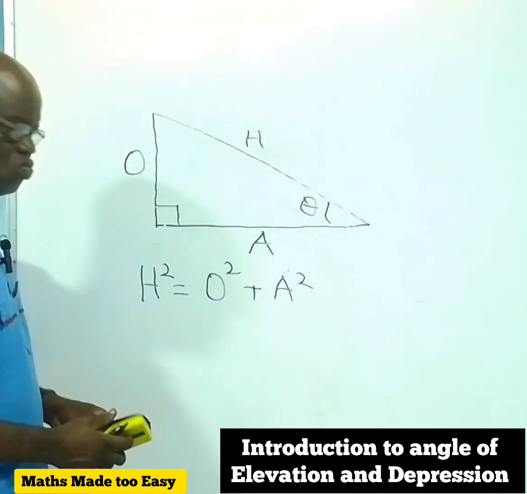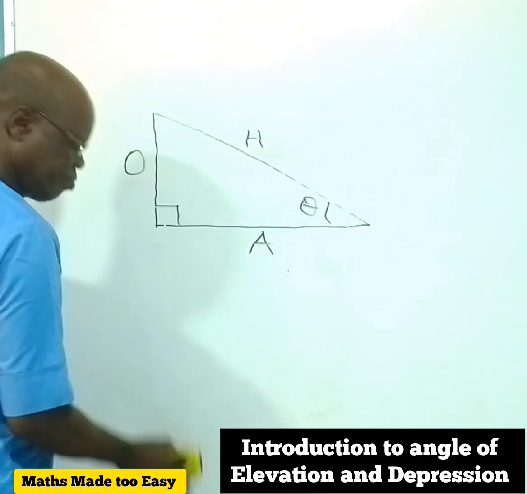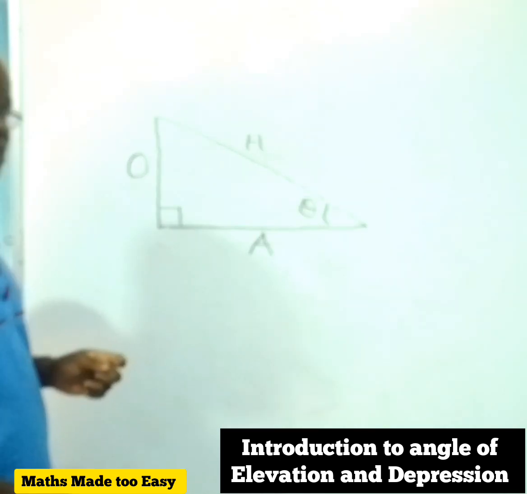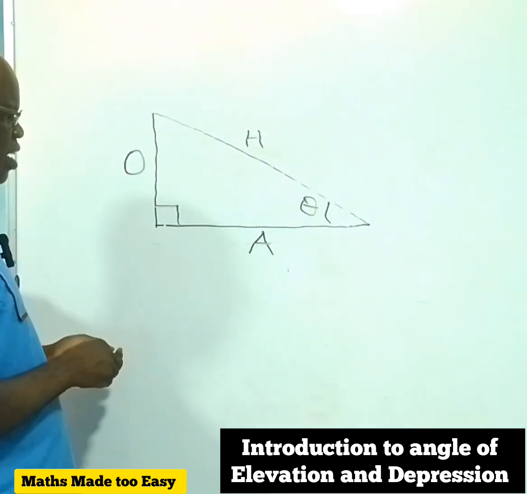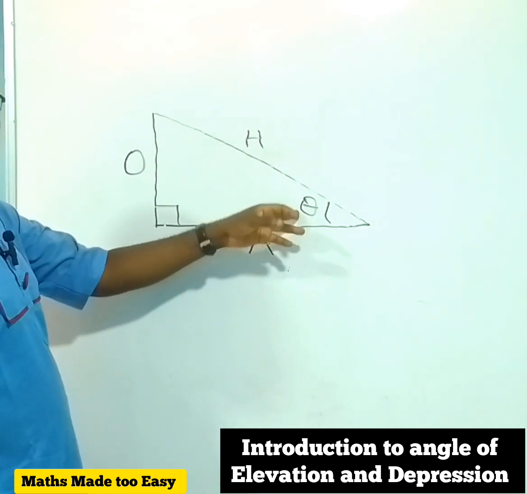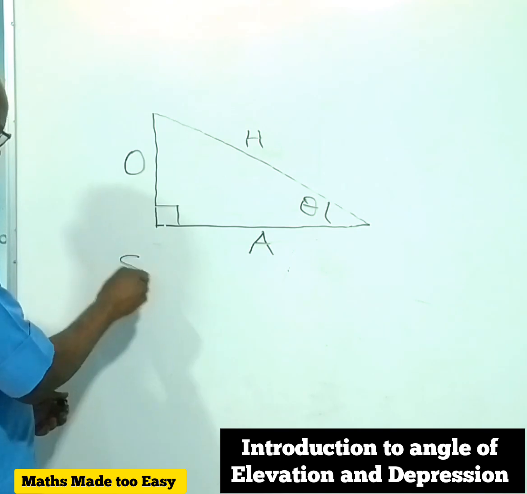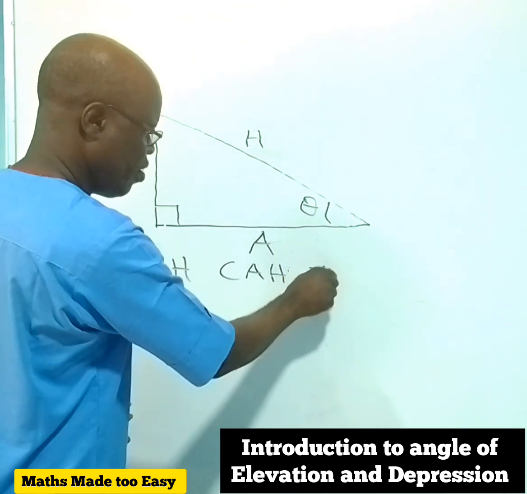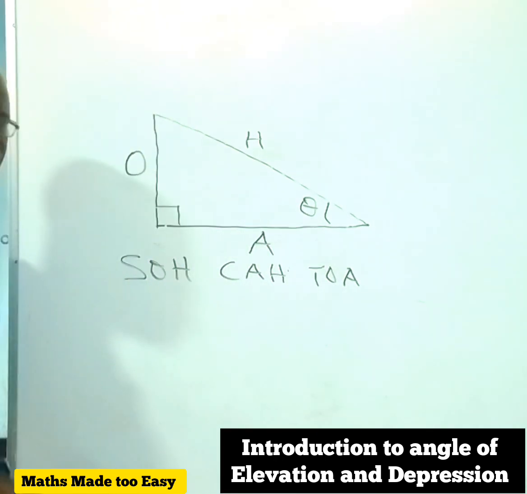Now, the last thing that we should know here before we look at angle of elevation is what we call trigonometric ratio. And what do we mean by that? There is a way we can link the adjacent side, opposite side, hypotenuse side, and the angle with one another. So we can use this relation to link the angle with the side.